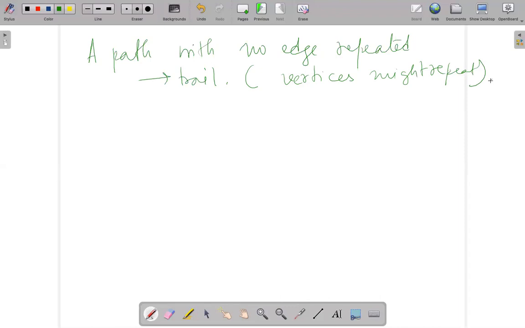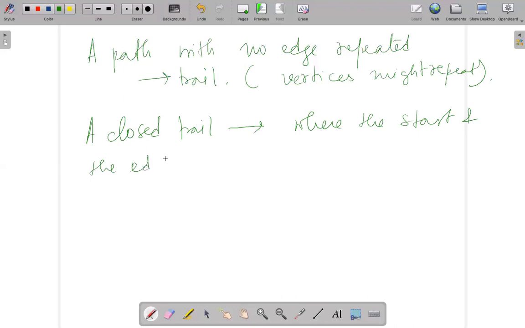Okay, in a trail, edges do not repeat, but vertices might repeat. So a closed trail is one where the start and the end vertices are the same.